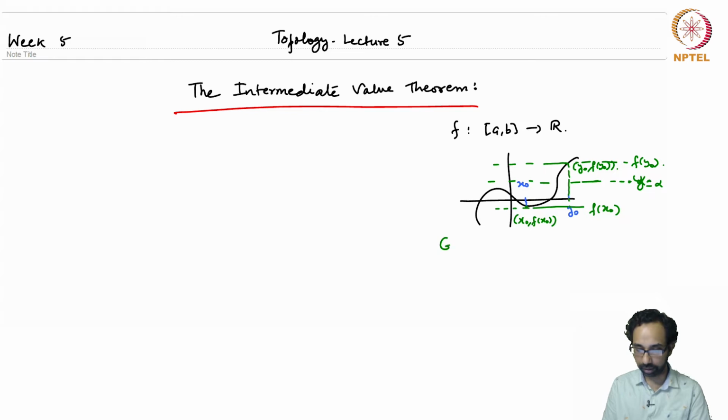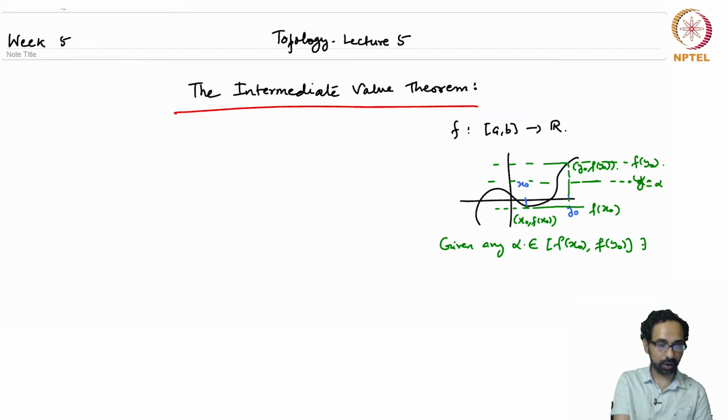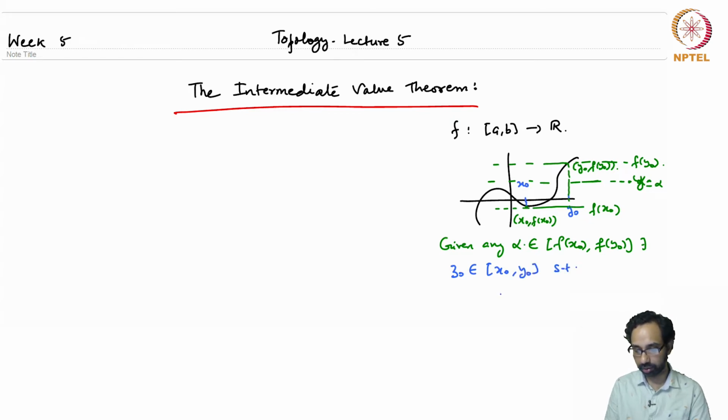So given any alpha belonging to the interval f(x0) to f(y0), there exists a z0 belonging to the interval x0 to y0 such that f of z0 is equal to alpha, which means that the line y equal to alpha must intersect the graph of the function f.